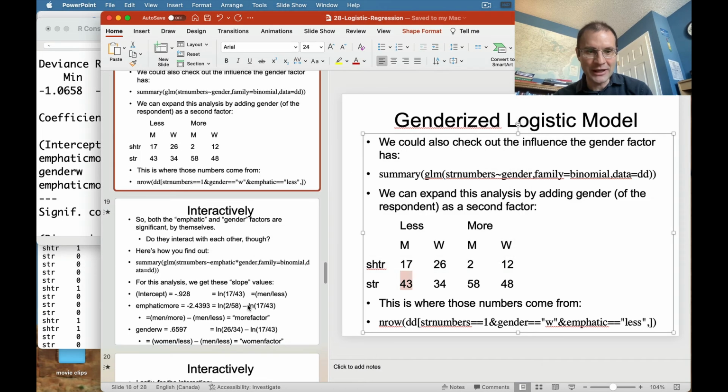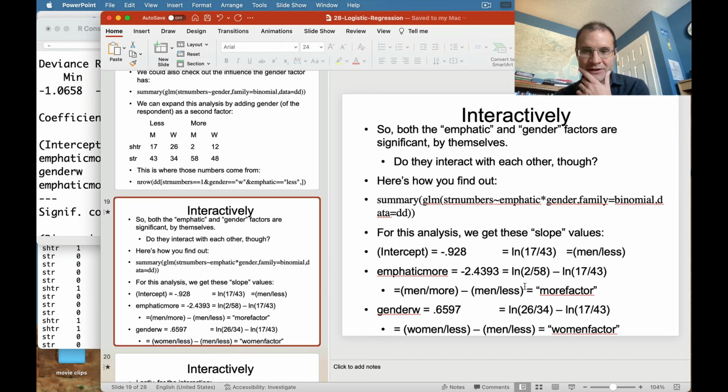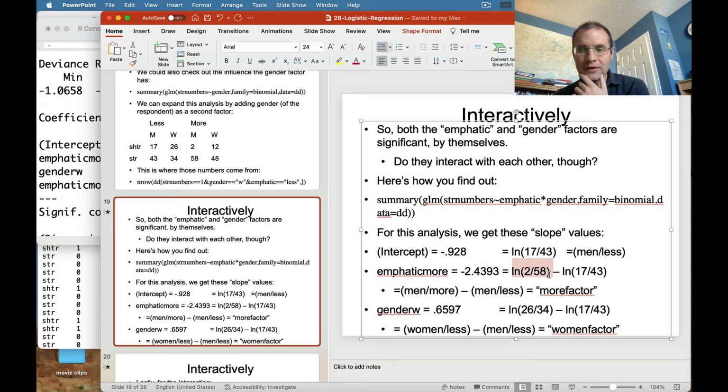It gets a little more complicated when we start calculating these interactions. For the emphatic factor, you make the shift for the men first.